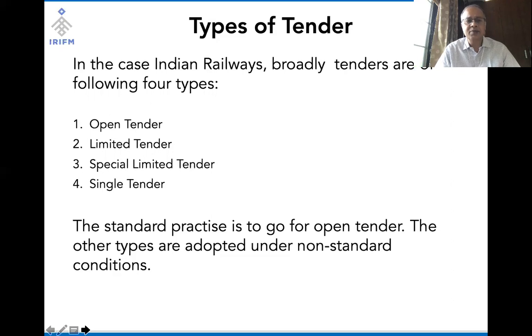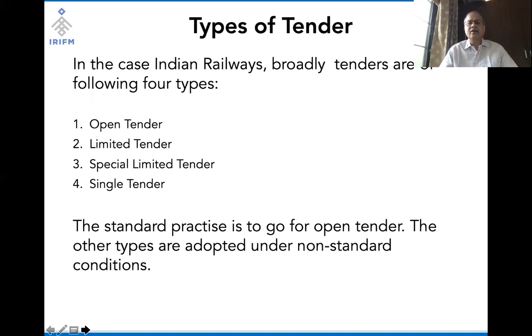The third is special limited tenders. So in case of urgency or in case of specialized work, we call tenders from only parties who can supply such items or perform such specialized works. And the fourth is single tender. This is called either in the case of urgency or in the case of proprietary items.